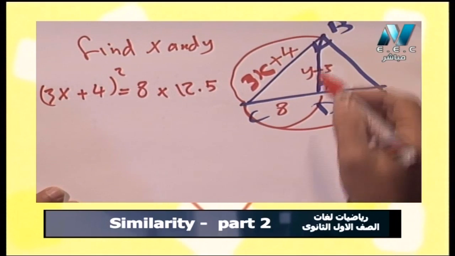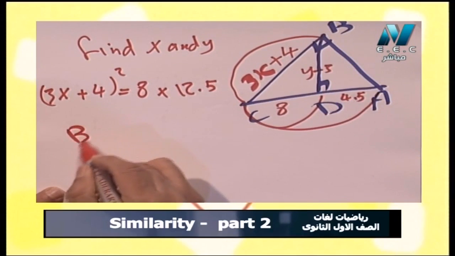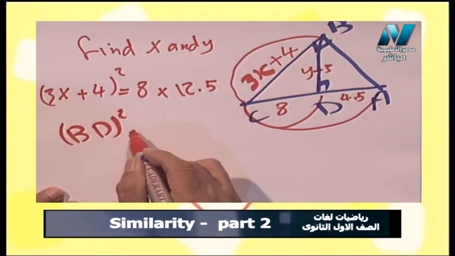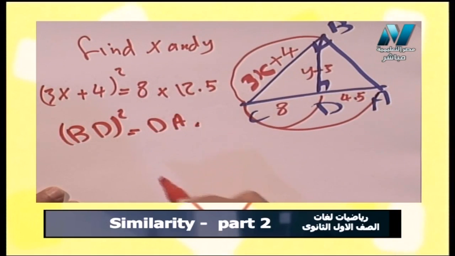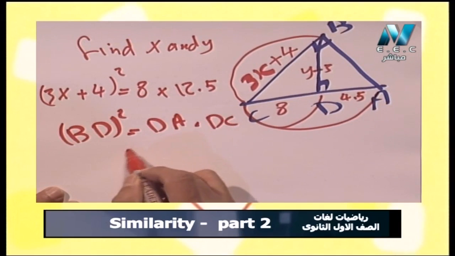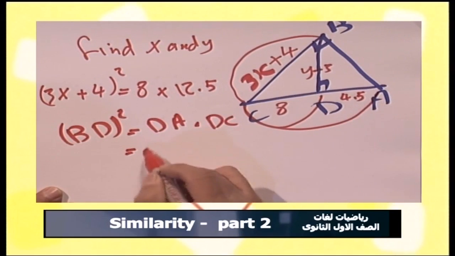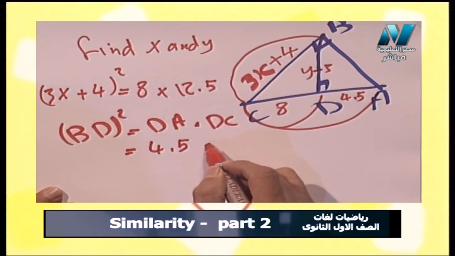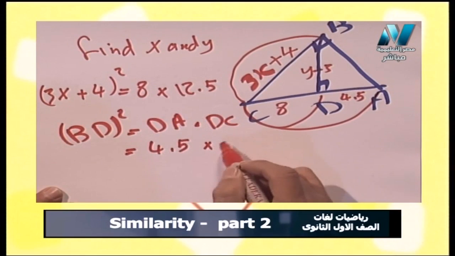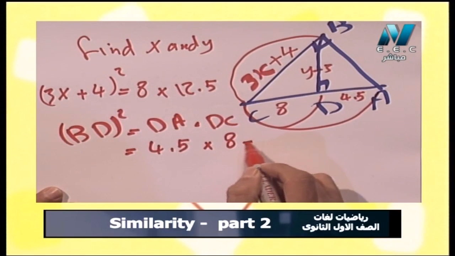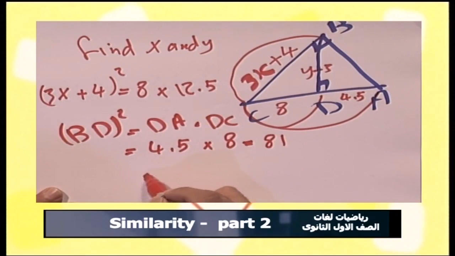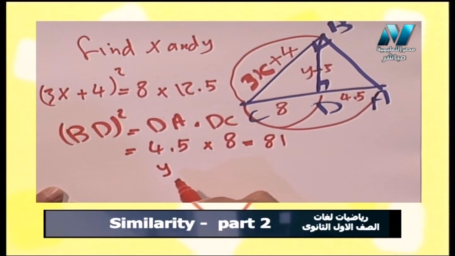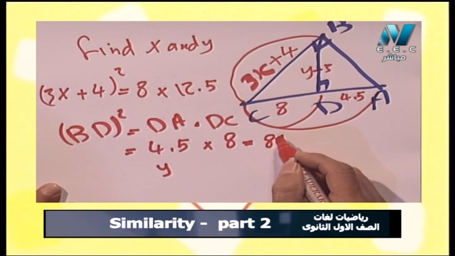And we have BD power 2 here equals DA multiplied by DC. DA here equal 4.5 multiplied by 8. The answer will be 81. So Y, the answer will be 36.